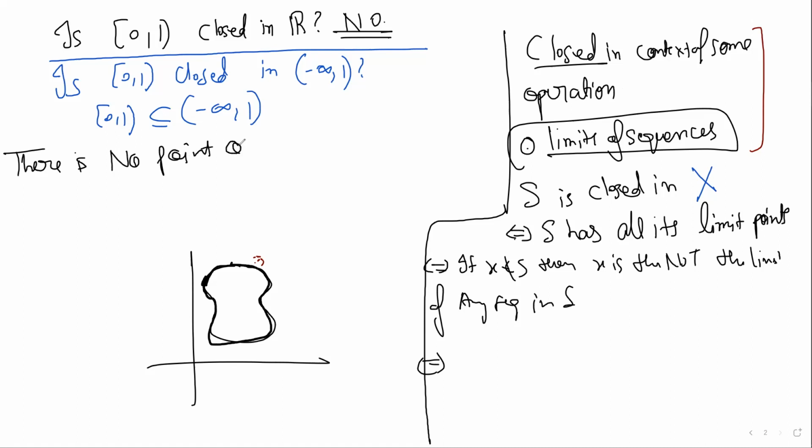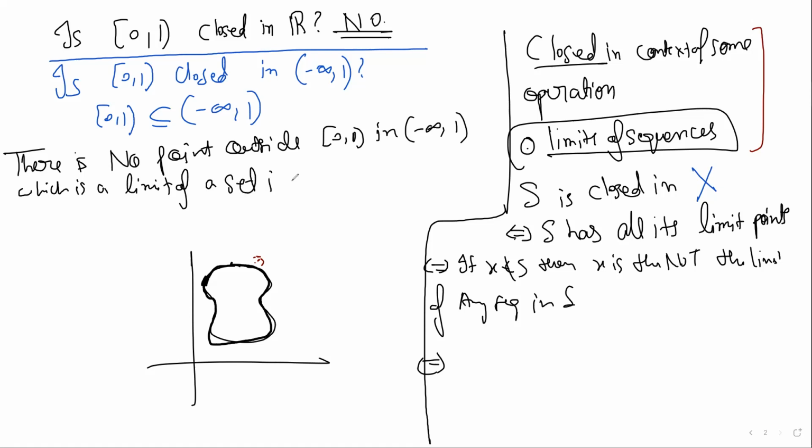There's no point outside [0, 1) in the space that we are in, our present universe, which is a limit of a set, or a sequence, in this, that is inside this.